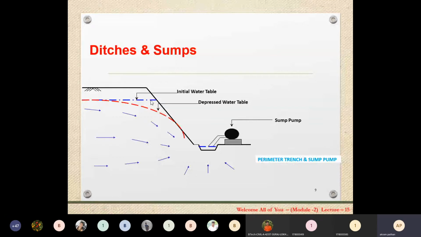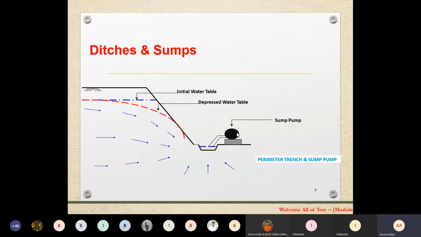So this is the initial water table, and after pumping this is the depressed water table. The difference between the initial and depressed water table is known as drawdown. And whatever volume of water collects at the maximum discharge point.